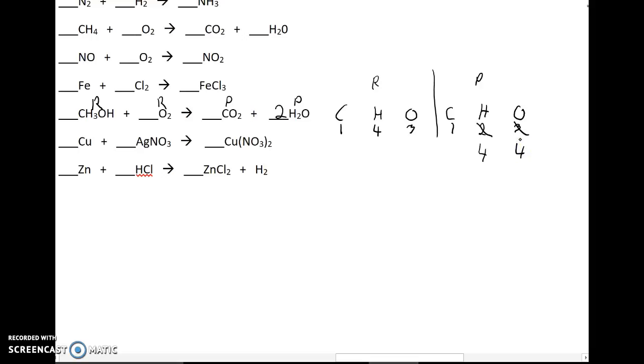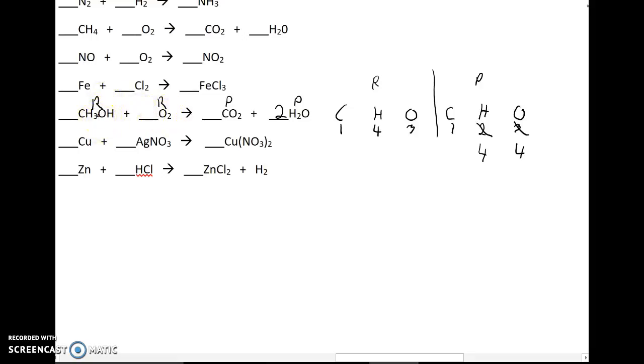So now I have 4 oxygens here and 3 oxygens in the reactant, so I have to balance that out. I cannot add anything to this at this point in time, since this is an even number and I have this 1 over here. This will always be odd.